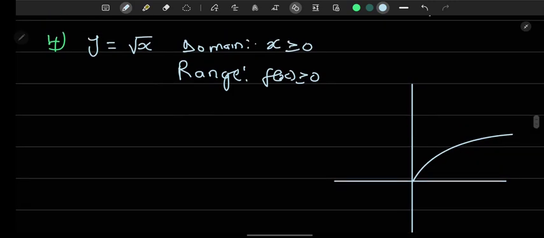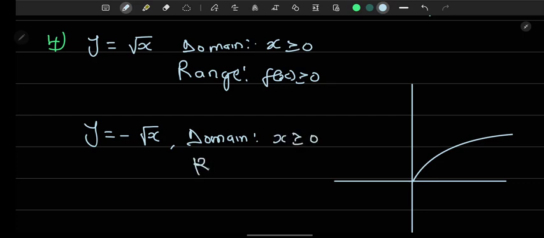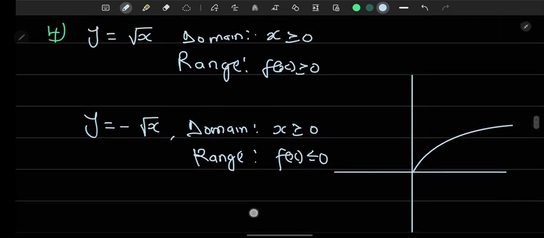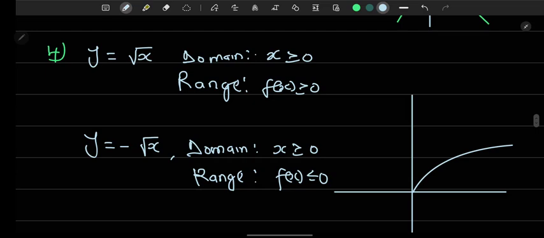Okay, so for its reflection, which is y equals minus root x, the same thing is applicable to the domain here. Domain remains as x greater than or equals to 0. The y range changes here. So the range now is f of x less than or equals to 0, since square root of x, minus square root of x, reflects on the x-axis.